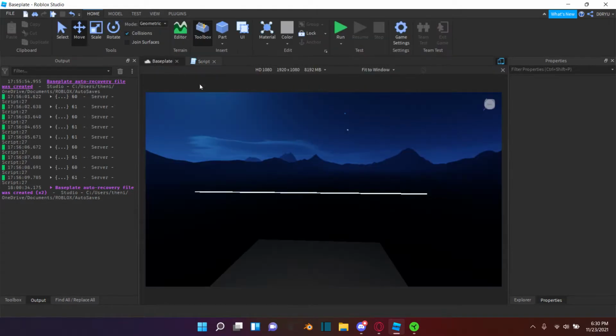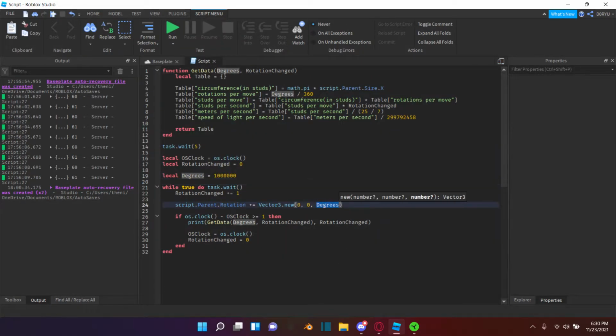How many studs it moves per move, like for the degrees, how many studs it moves every time. And then we have studs per second, which is how many studs it's moving per second. Then we have meters per second, how many meters it's moving per second. And then we have speed of light per second.